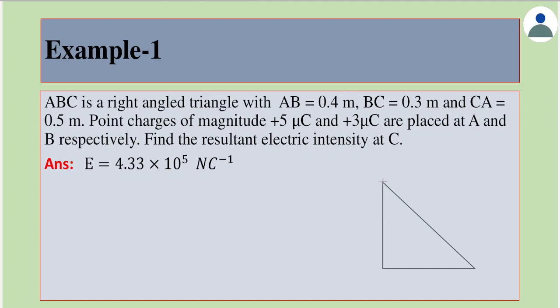So what we'll do here is we'll look at these points. We'll call them points A, B and C. In a right angled triangle, the hypotenuse would be the longest side. In this case, it is CA. So if this point is A, then this point should be C and this should be point B, such that AC is 0.5 meter, AB is 0.4 meter and BC is 0.3 meter.